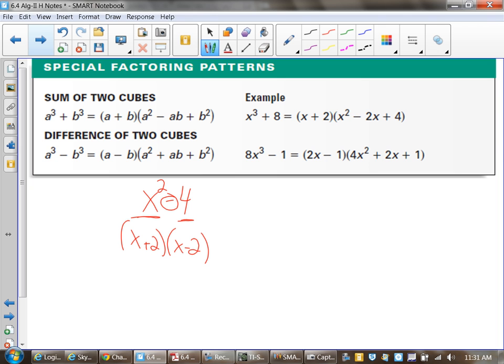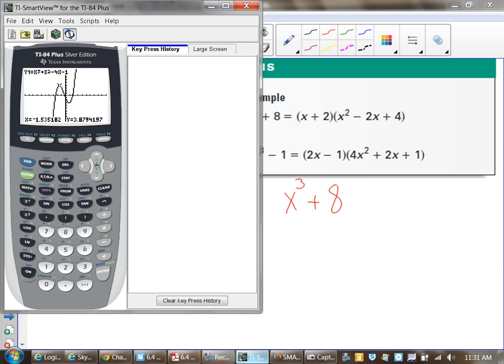Now, what's going to change is that we're no longer dealing with just a square. We're dealing with a cube. So we use the following pattern. x cubed plus 8, something real simple. Real fast, just in case you forgot how to find cube roots: on your calculator, press the button that says math.